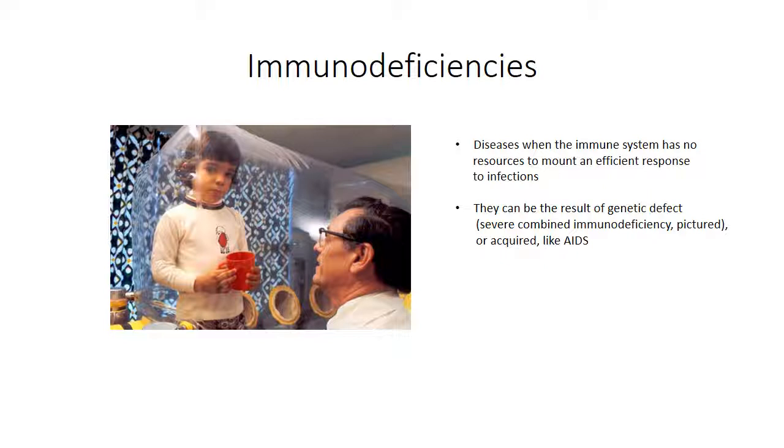Or immunodeficiencies can be acquired. And you certainly know acquired immunodeficiency syndrome, or AIDS. It's a disease caused by the virus HIV. It is contracted either sexually, or by body fluid exchange during sharing needles, or by passing the virus from the mother to her fetus.